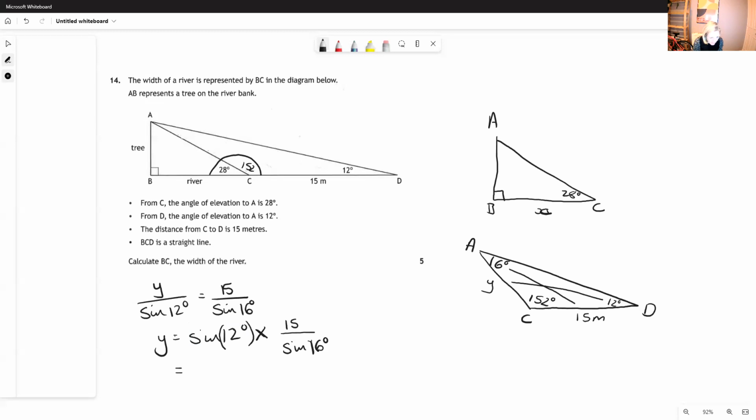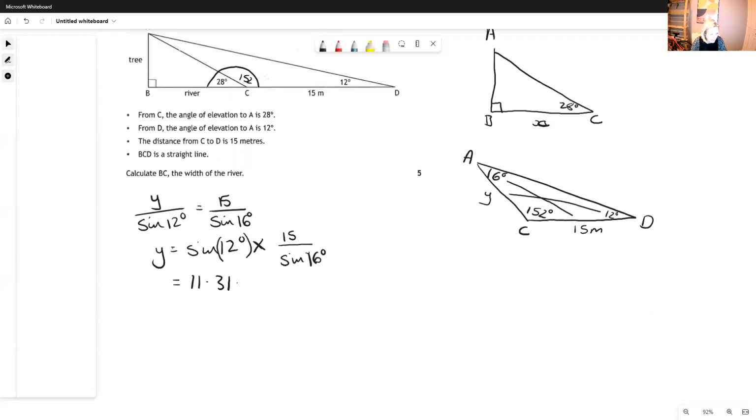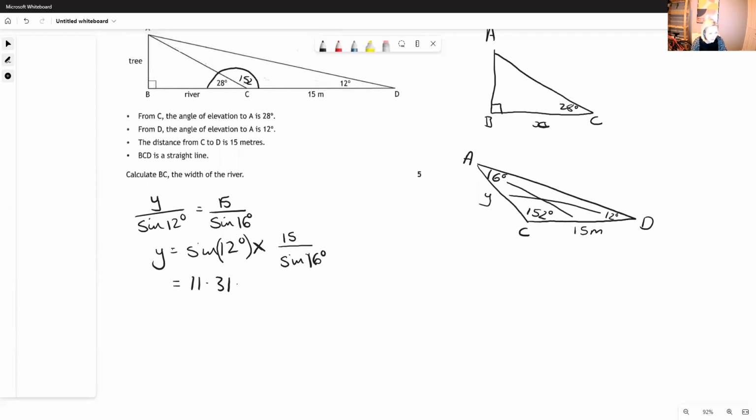And you get 11.314, so 11.31 meters. If you get syntax errors for anything, just make sure that you've closed any brackets. So 11.31 meters. So that's what that Y is.